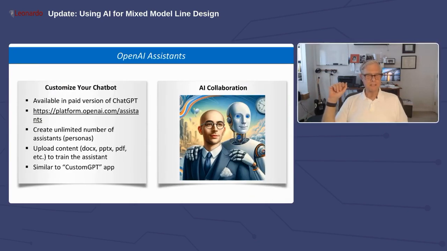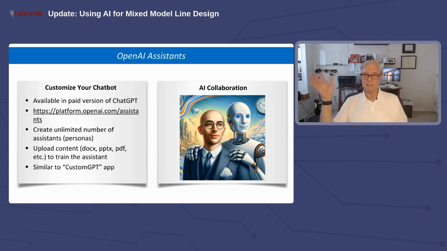So an assistant, you can get access to assistants if you have the paid version of ChatGPT, not the free version. But if you go to platform.openai.com/assistants, and if you're not logged in, it'll ask you to log in. So there you are. What you can do is define an assistant, or sometimes these are called personas, personalities, or avatars.